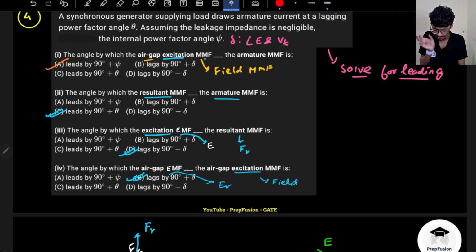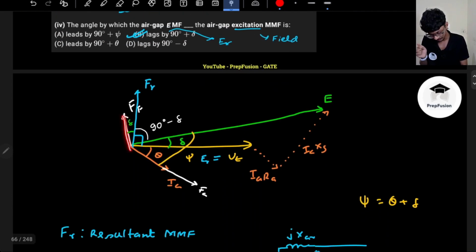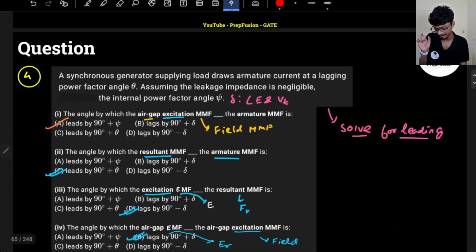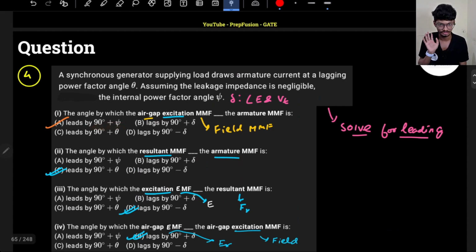The air gap excitation MMF leads the induced EMF by 90, and the armature MMF is along the direction of the armature current I. This angle is 90 plus psi. So my main field MMF leads the armature MMF by 90 plus psi, which is present in option A.